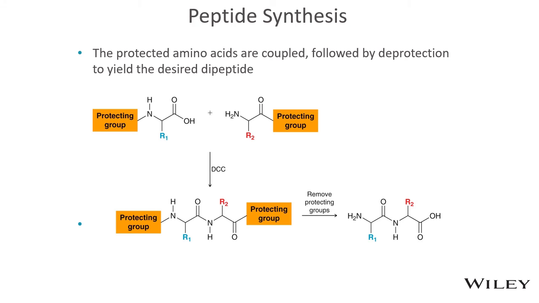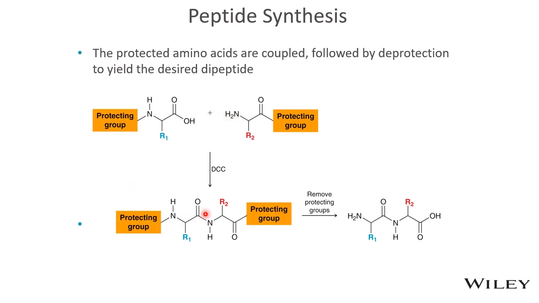Once these are ready, we will perform a reaction with what's known as coupling reagents. We learned in our carboxylic acids chapter that carboxylic acids are not very reactive, so they need a little bit of help in order to form our amide bond. That's what this reagent is here, DCC. It's called a coupling reagent, and it essentially makes the carboxylic acid significantly more reactive to ultimately react with the amino group.